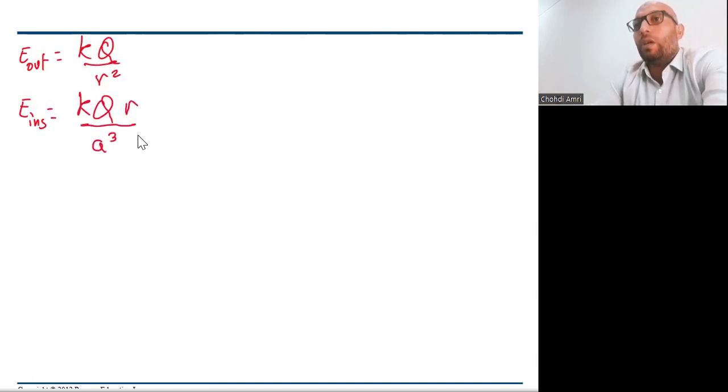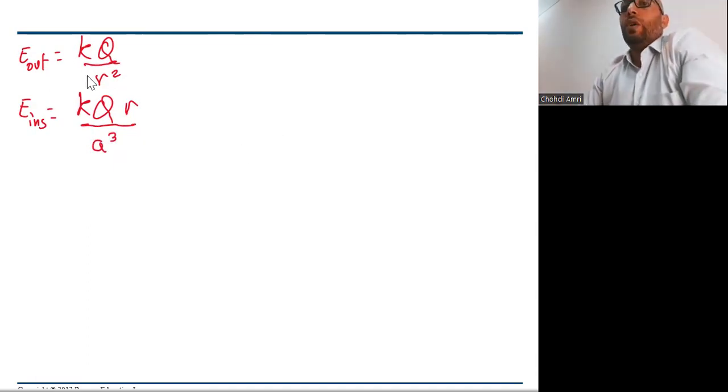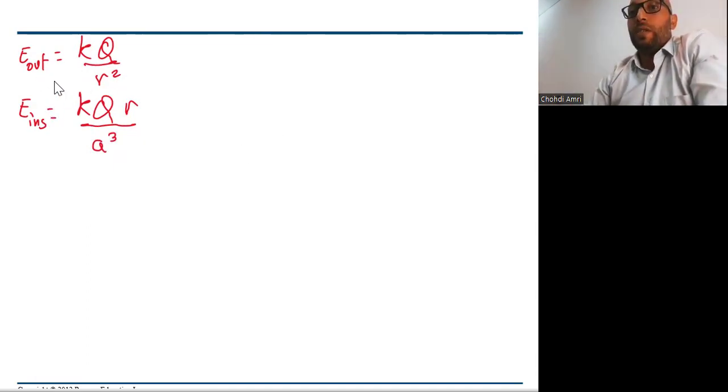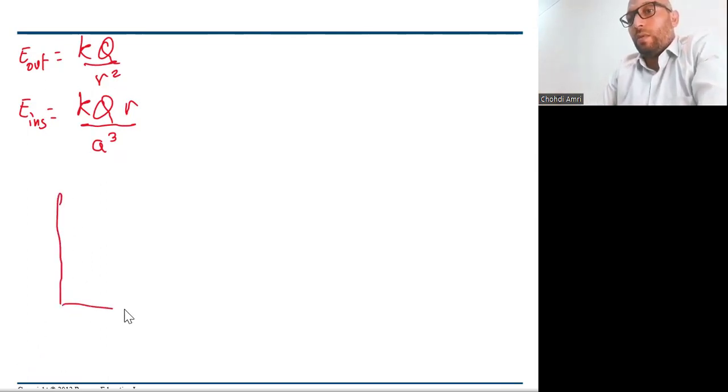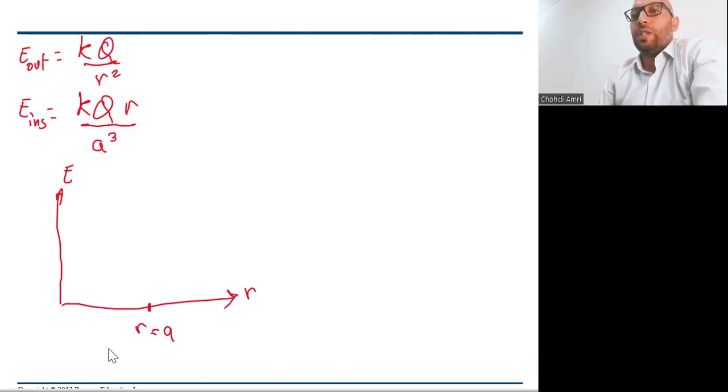Okay, so now we want to draw these two expressions, these two electric fields. We have the electric field as a function of the distance r. We have a specific point when r equals the radius of the charged sphere.